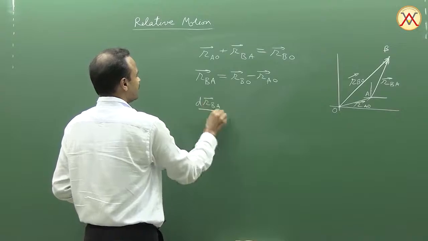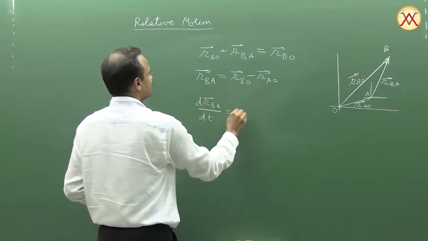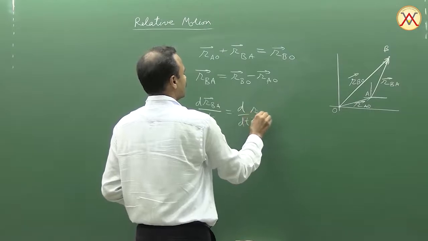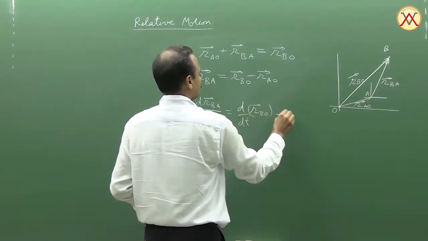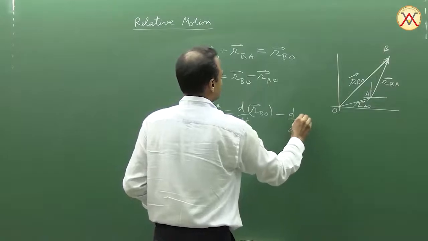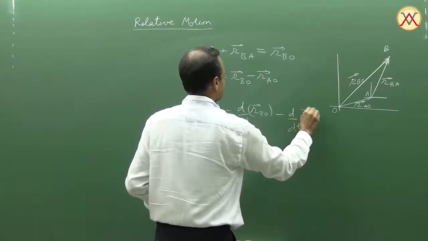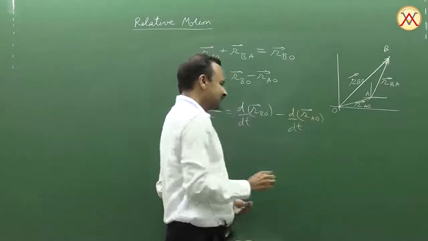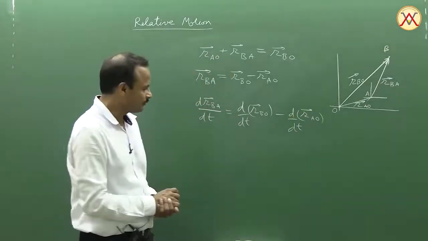dR_BA vector upon dt is equal to d by dt of R_BO vector minus d by dt of R_AO vector. Now the derivative of position vector we know is the velocity vector.